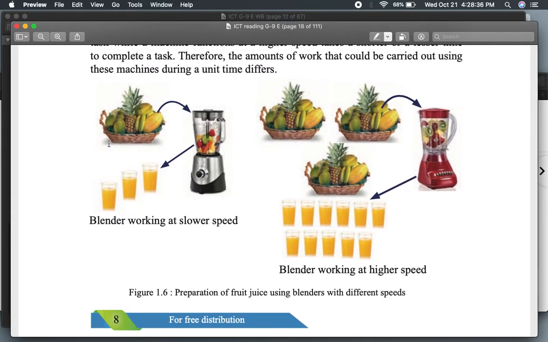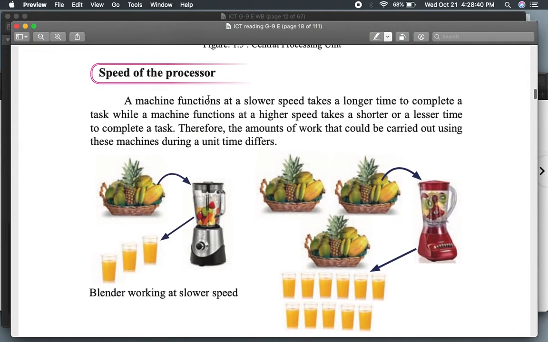So, here we have an image to explain what is mentioned here.